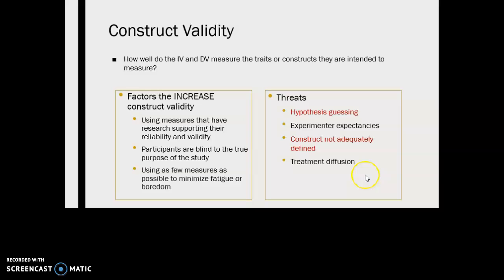And then treatment diffusion, and this is unlikely to happen in our online studies, but this is when the treatment diffuses so that there's no difference between the levels of the independent variables. So for example, in the research I did in Baltimore City, we had clinicians in the same clinic doing the standard treatment, doing role induction, and then doing role induction plus behavioral contracting. And the fact that all three treatments were going on at the same time meant that there could have been diffusion, right?